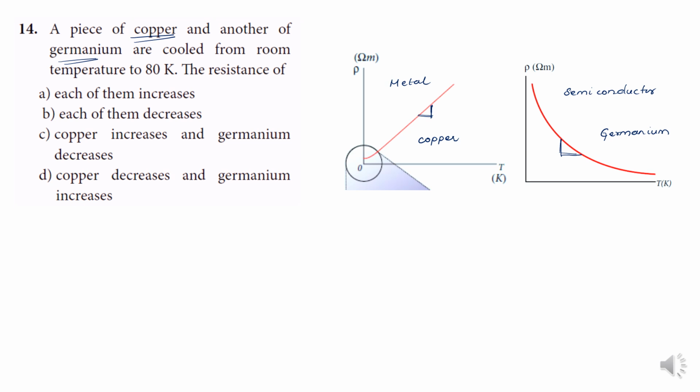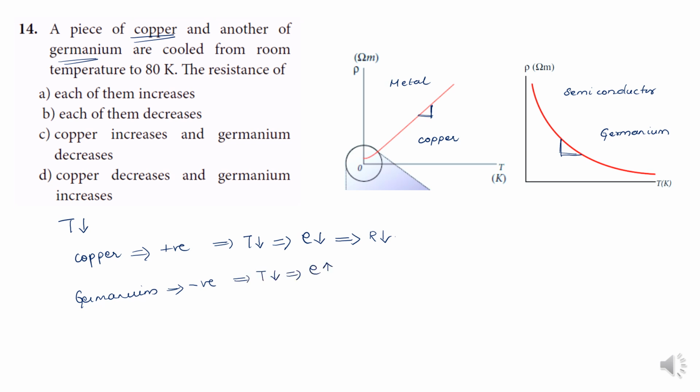If the temperature goes down, for copper the relationship is positive, so if T goes down, resistivity goes down, that means resistance decreases. But for germanium, which is a semiconductor, the slope is negative, that is the alpha value is negative. That means if T goes down, rho increases.